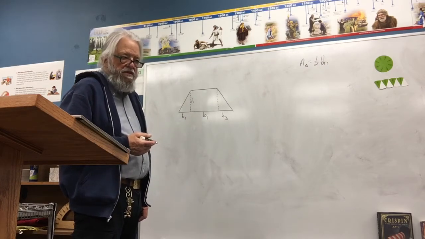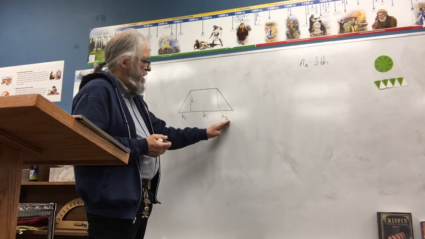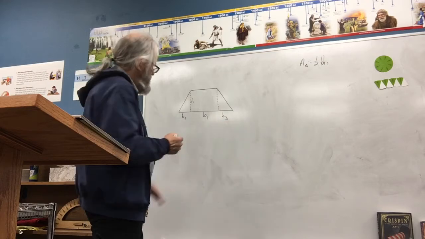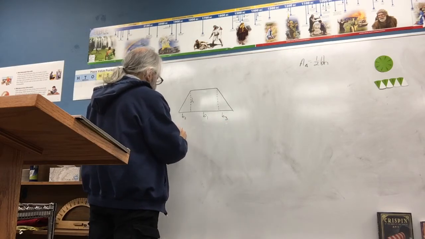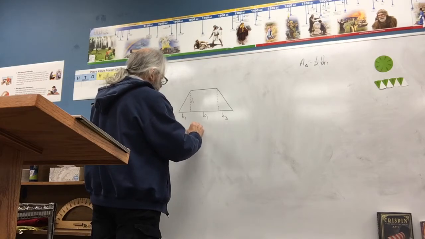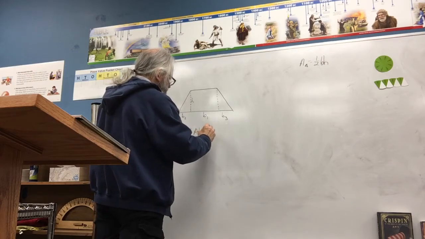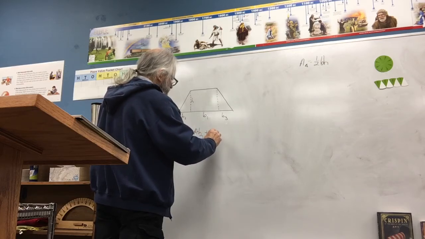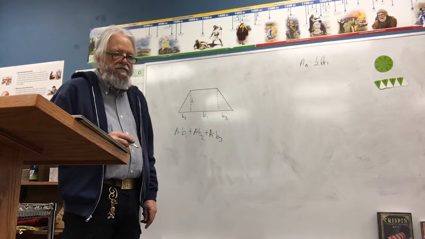Okay? So that would be the area of B1 plus the area of B2, plus the area of B3, and that would be the area of the whole thing.